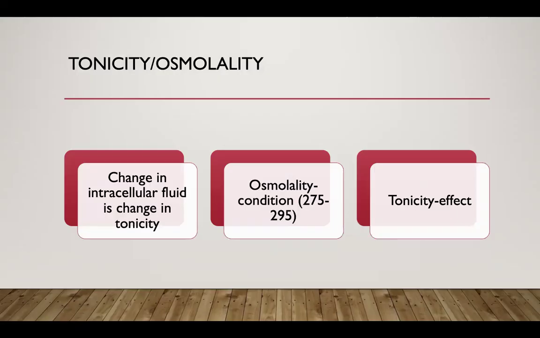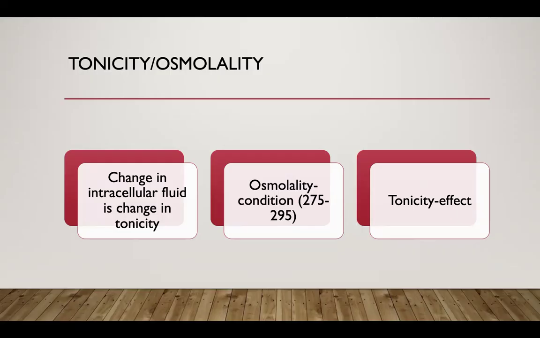If you're ever going to have a change in your intracellular fluid, there must be a change in tonicity. Later on, we're going to talk about loss of pure water or gain of pure water. Whenever that happens, you're going to have CNS changes because there's a change inside the fluid of your brain cells.